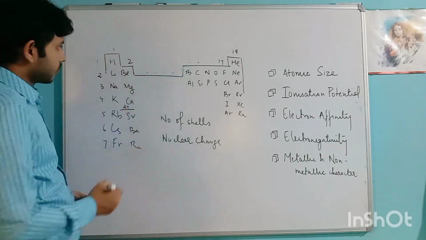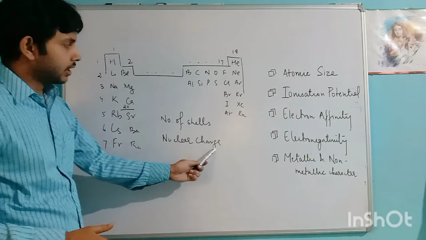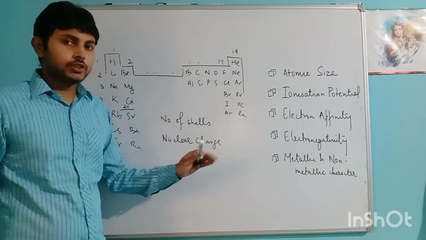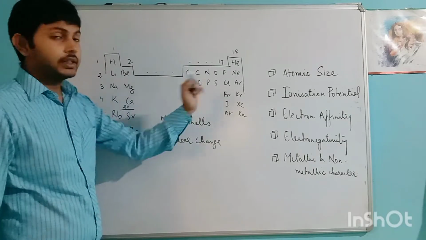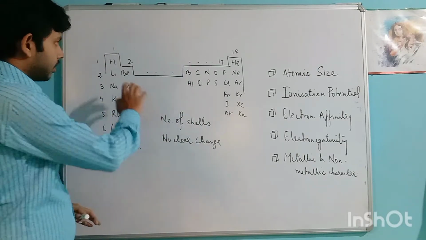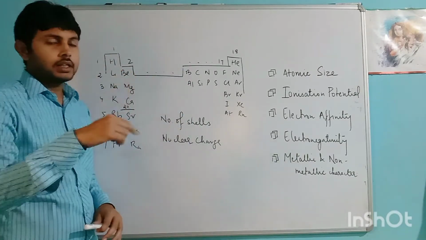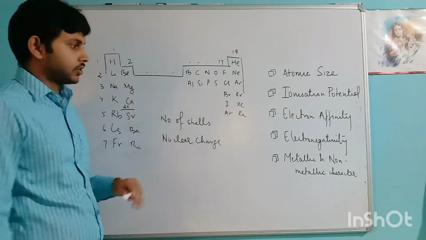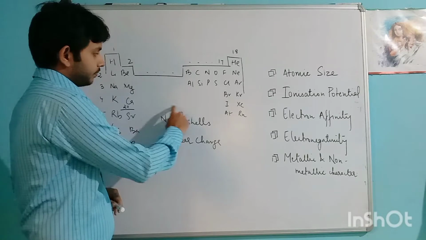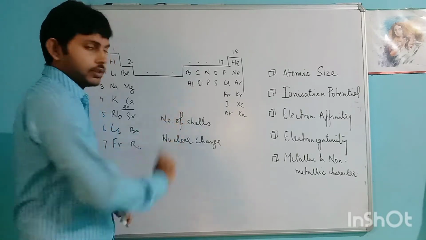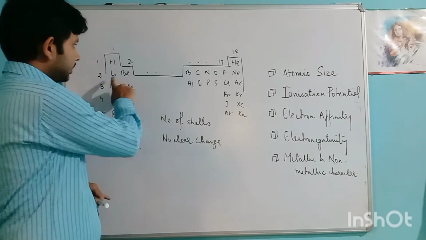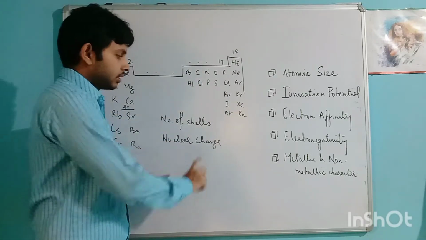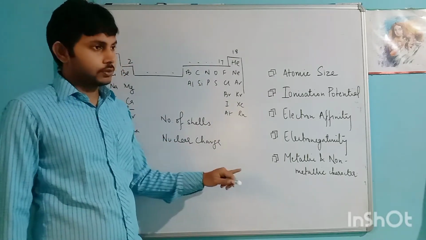so then nuclear charge. Across the period, nuclear charge increases, because in the last video you would have seen that when I had drawn atomic structure, the number of protons and nucleons, as the atomic number increases, it increases because atomic number is equal to the number of protons.